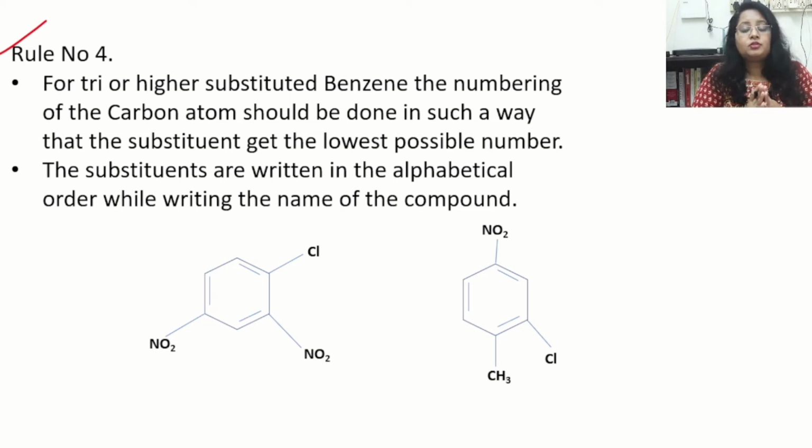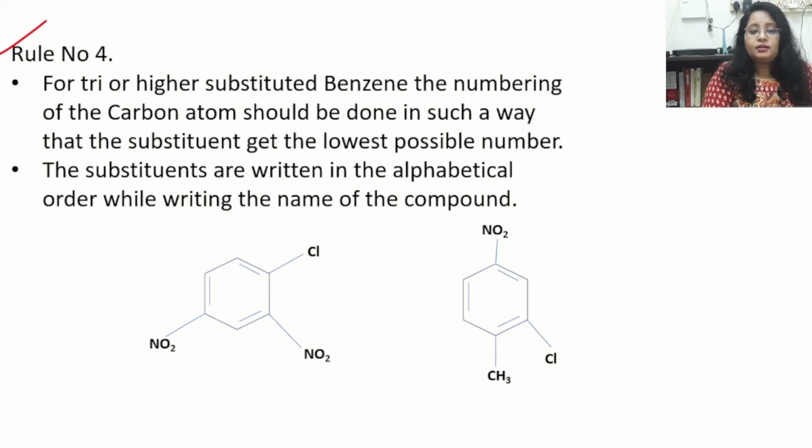And the numbering should be done in such a way that the substituents get the lowest possible numbers. This we already learned in the earlier videos of IUPAC, but again, in the shortcut, I will tell you here.